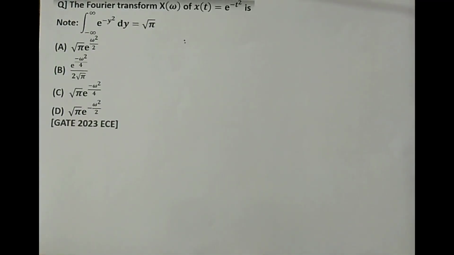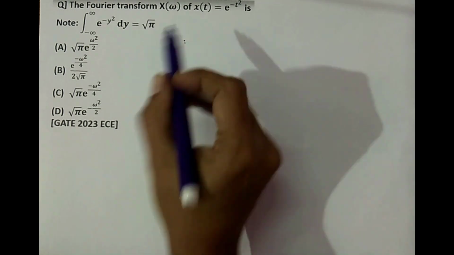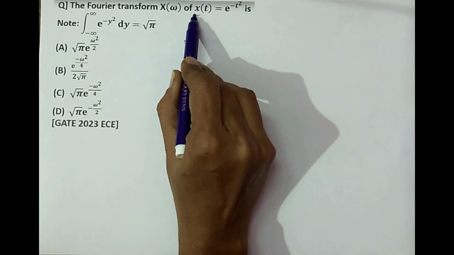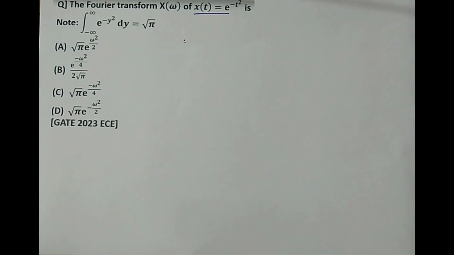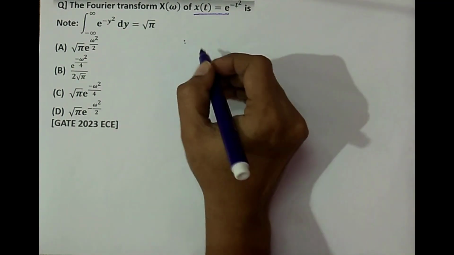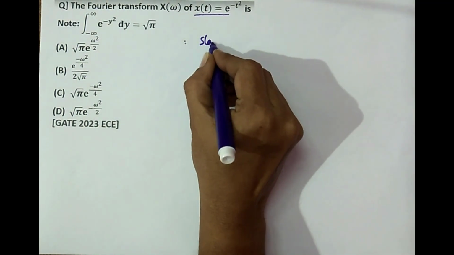So the next question is, find the Fourier transform of this signal x of t equal to e power minus t square. We have a standard result.